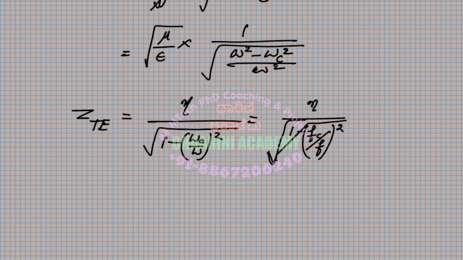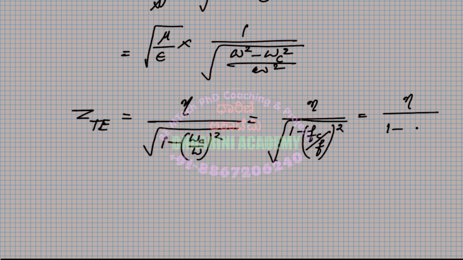When we write the same equation in terms of lambda, fc gives you lambda c, f gives you lambda, but their positions get interchanged. The denominator goes into the numerator and the numerator goes to the denominator. So this is equal to eta divided by the square root of 1 minus lambda by lambda c, whole square.